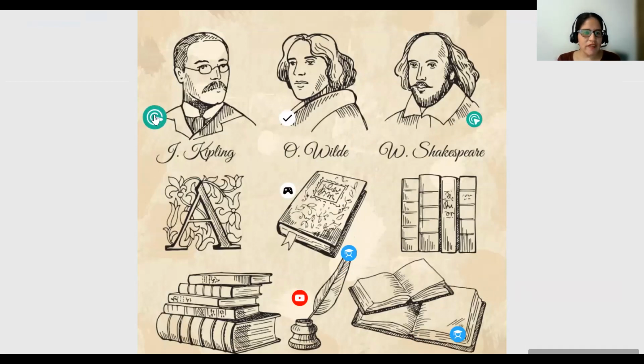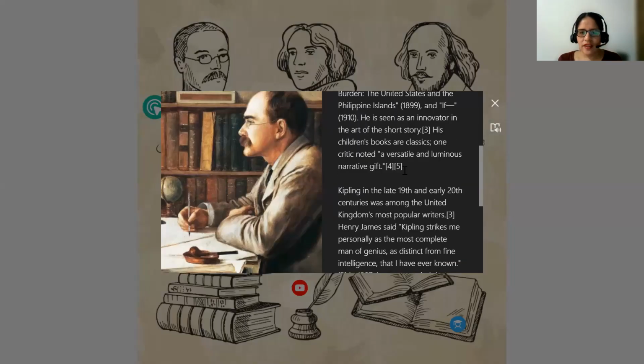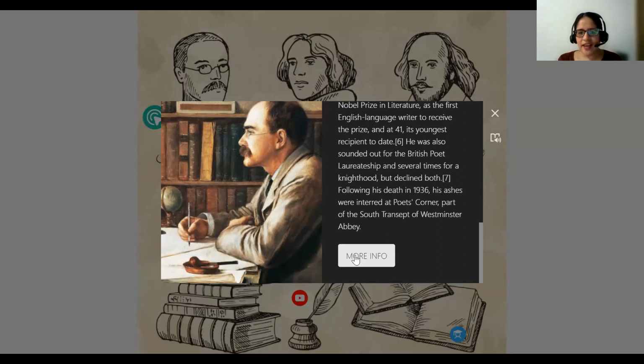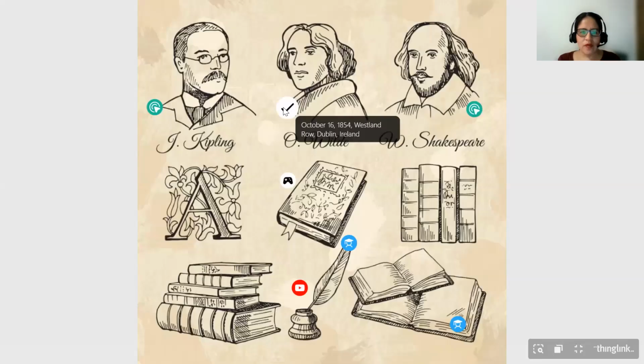If I click over here, I can read his biography, and then let me stop the volume. And then I can click on this button and it will take me to a website. For example, here, this tag is only for extra information, like a header.